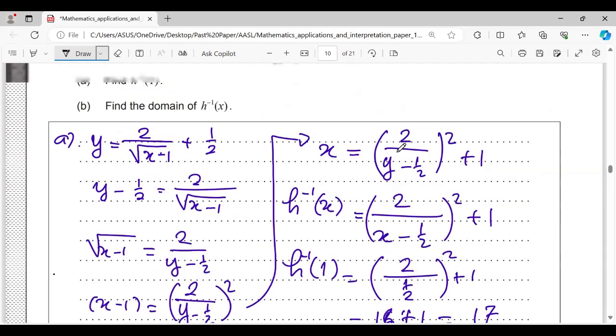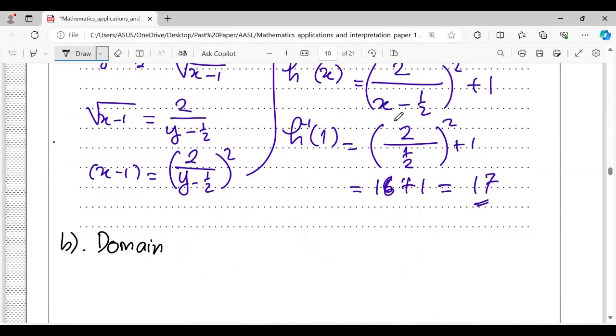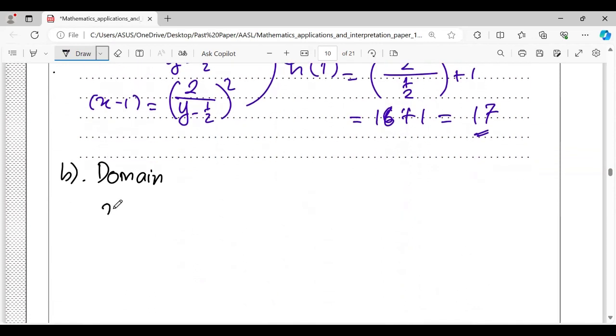Why? Because based on this information x should be greater than 1. So it is impossible if x minus half is less than 0. So x minus half is greater than 0, so x is greater than half. This is the domain.